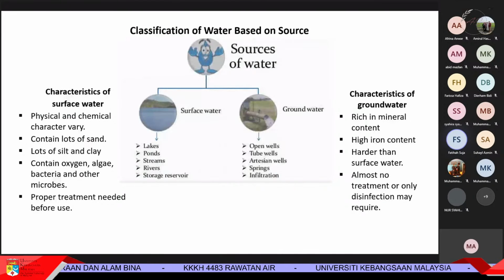Surface water comes from lakes, ponds, streams, rivers, and storage reservoirs. Groundwater includes open wells, tube wells, artesian wells, springs, and infiltration. Generally, the physical and chemical characteristics of surface water vary and it contains lots of sand, silt and clay, oxygen, algae, bacteria, and other microbes. Proper treatment is usually needed before use.